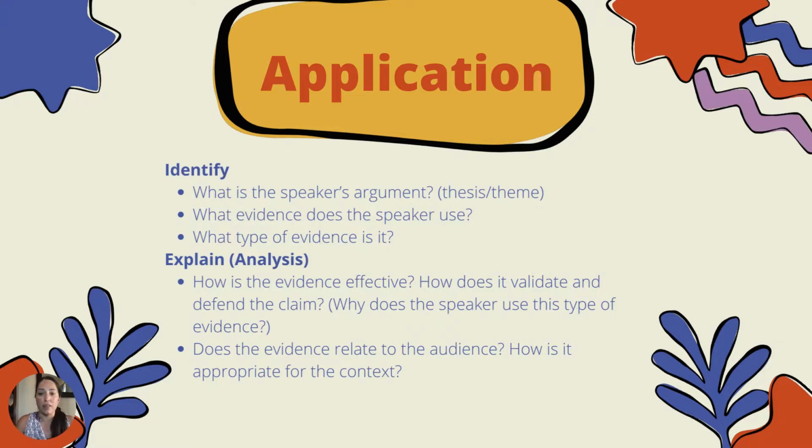How does it validate and defend the claim? Why does the speaker use this type of evidence? Does the evidence relate to the audience? How is it appropriate for the context? These are questions you want to be asking yourself in regards to your summer reading book. And these questions will help you with the writing of your essay, which is what Lesson 3 will be about.